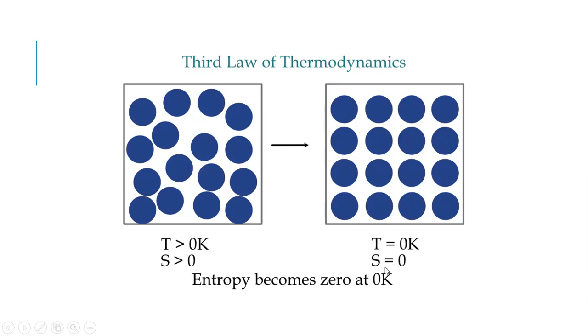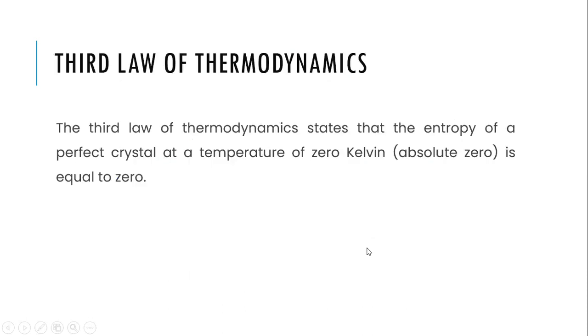In such a case, the entropy of the gas molecules will be zero. So this is how entropy becomes zero at absolute zero temperature, which can be stated using the zeroth law of thermodynamics. Sorry, the third law of thermodynamics.